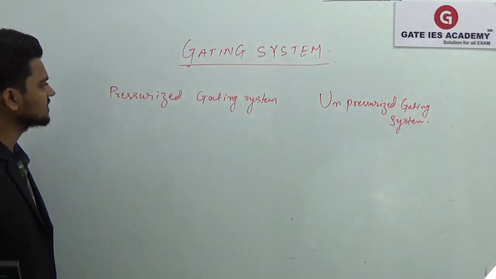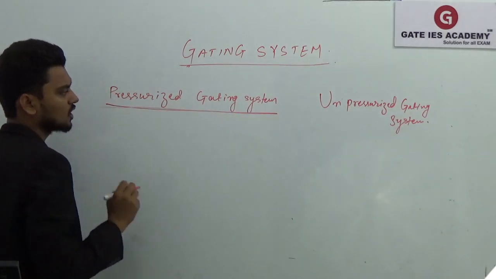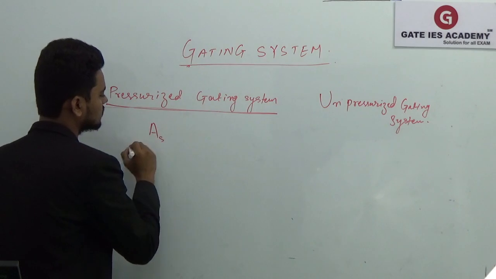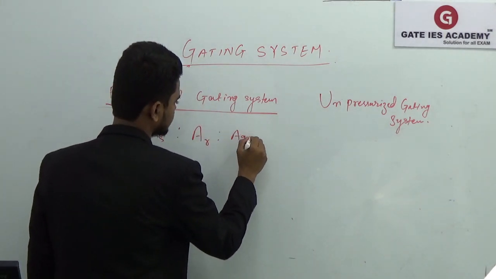Now in the pressurized gating system, the total cross-sectional area decreases towards the mold cavity, meaning we are talking about AS, AR and AG.